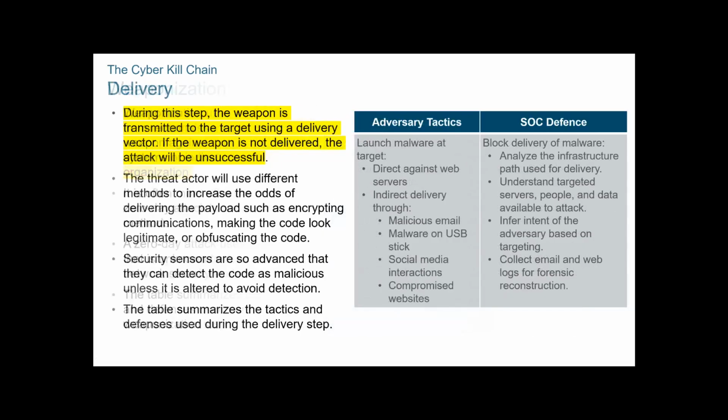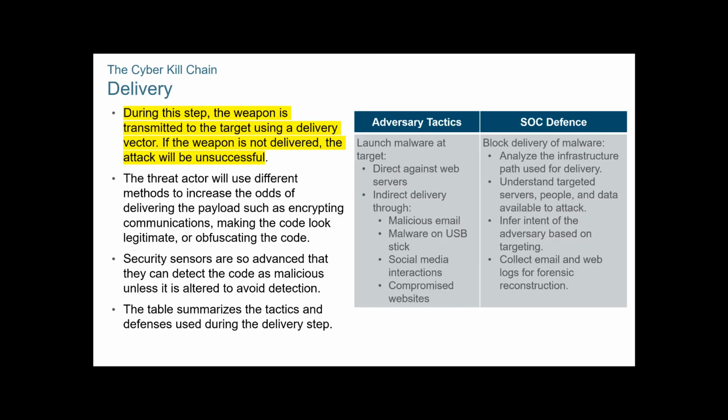Then the next step is delivery. So you weaponize, you know what weapon you're going to use. Now you're finding some kind of vector to deliver that particular weapon. It could be malware, it could be other things. That's where the IDS and IPS come into play.